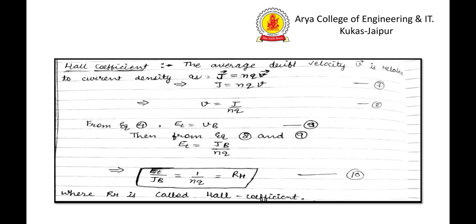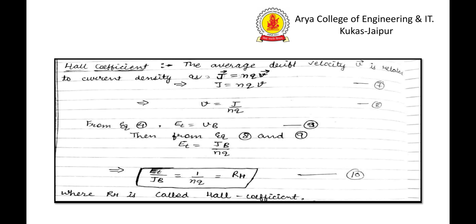Now we calculate Hall coefficient. The average drift velocity v vector is related to current density as J vector is equal to nq v vector. As we know that current density means current per unit area.